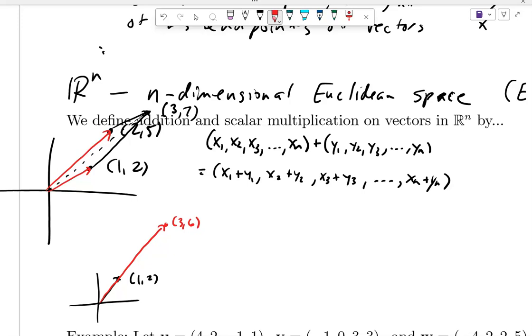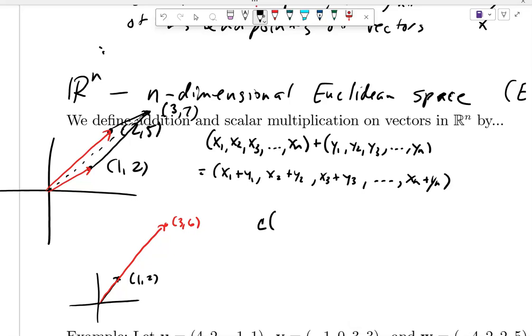So if I want to make it 3 times as long, I need to make my x coordinate 3 times as big and my y coordinate 3 times as big. The effect of making it 3 times as long is to multiply each component by 3, which is exactly how we extend our definition of scalar multiplication.